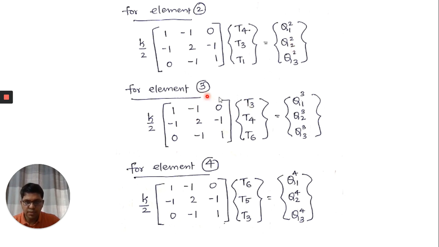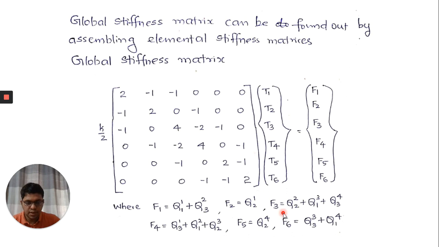And if you look at the third element, Q corresponding to global node 3, Q31 is the heat flux from the global node 3 for element 3. Now, the total heat flux from the global node 3 for element 4 is Q43. So in order to get the total heat flux from the node 3, you have to add this Q22 plus Q31 plus Q43. So you can get the total heat flux from global node 3 by adding these three quantities. So that is how we have found out the normal heat flux from each node.